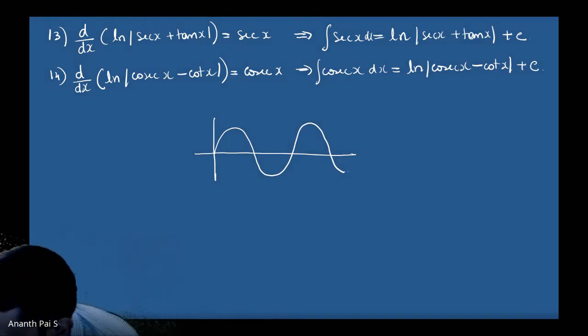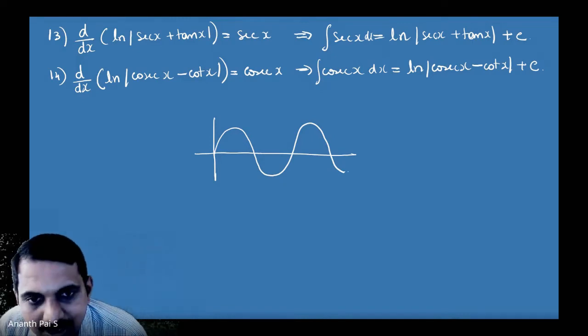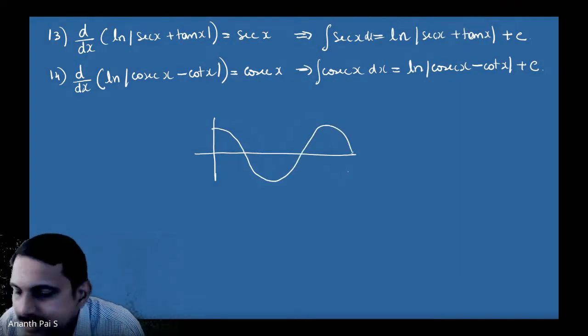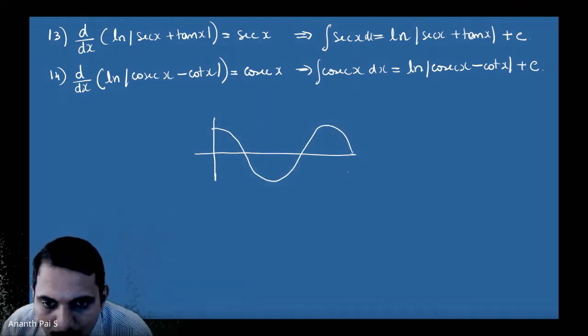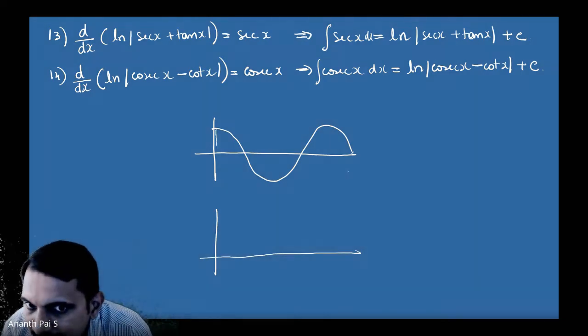Integration of cos is sine. Okay, let us have integration of cos. Integration of cos is sine. What does that mean? What is the area here?